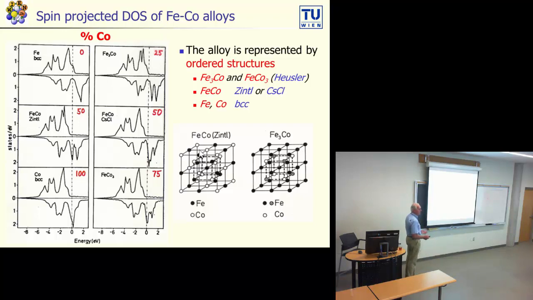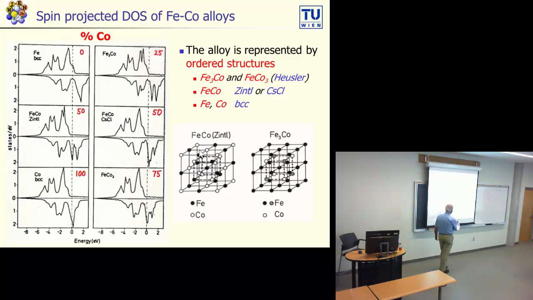For iron, you have one peak, a double peak, the other peak, and at the shoulder you have the Fermi energy. Cobalt has one more electron, therefore the Fermi energy moves up, but the two densities of states look very similar. Now, if you take an alloy, to simulate an alloy you use an ordered structure.